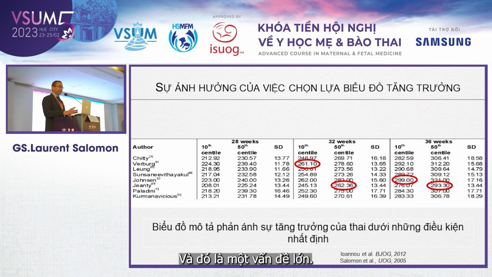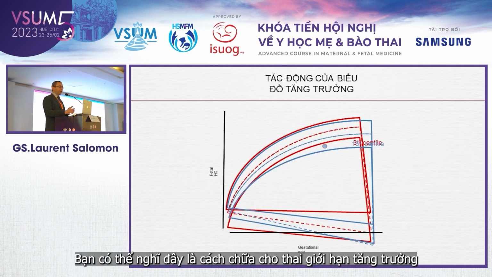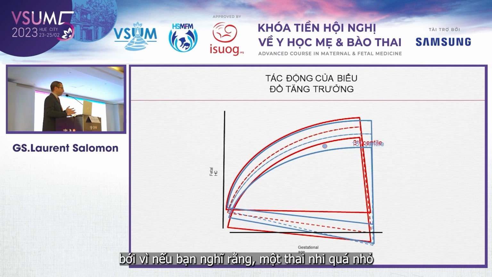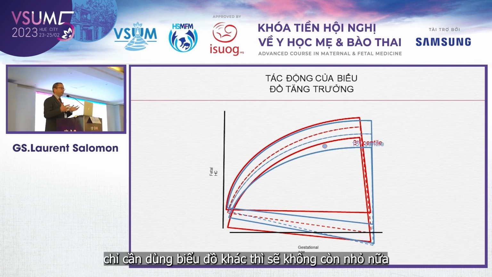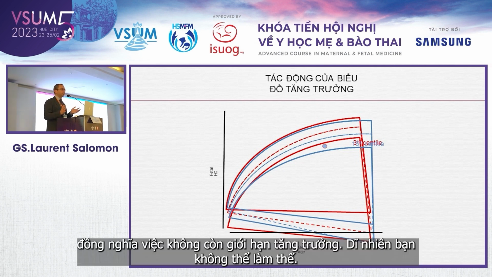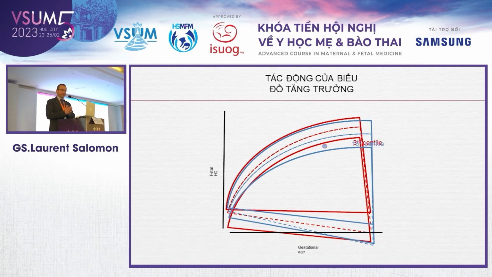And that's a big issue. You may think, well, this is a way to cure growth-restricted babies, because if you think that this baby is small, just look at it using another chart, and it's not small anymore, and it's not growth-restricted anymore. Of course, you cannot do that.